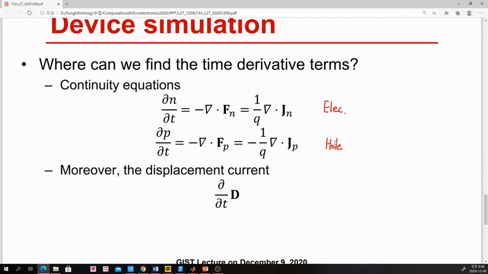Then how can you solve it? Now for these two terms, for example this one, for a certain position, let's say that you have a certain index for your position.